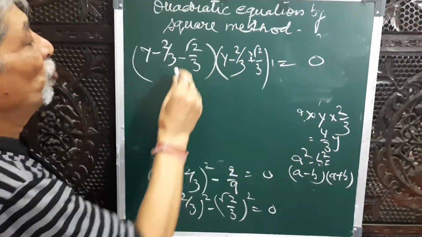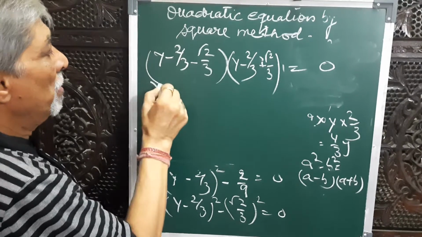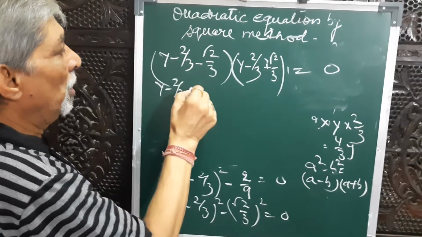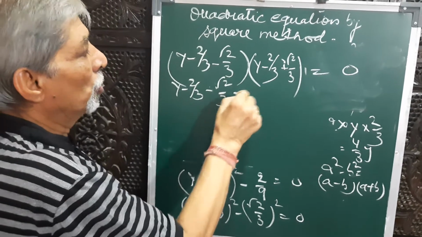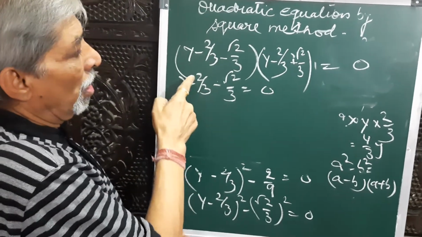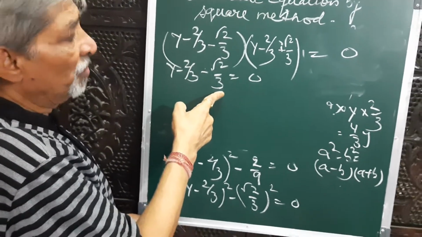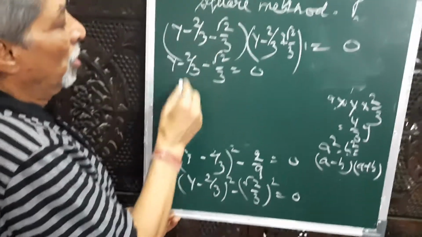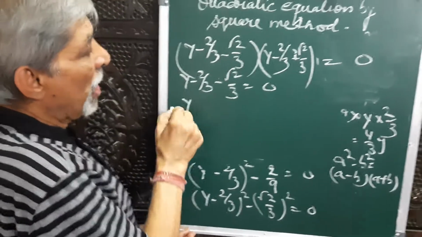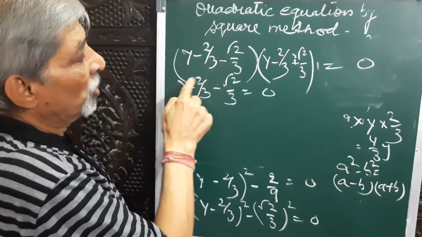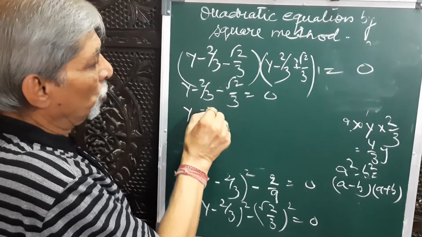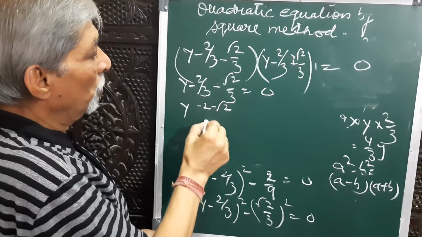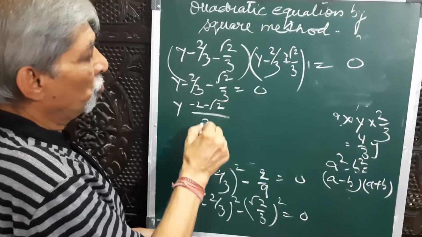For the first, you will find y minus 2 upon 3 minus root 2 upon 3 is equal to 0. Both the denominators are the same, so this will be y minus 2 minus root 2 upon 3.